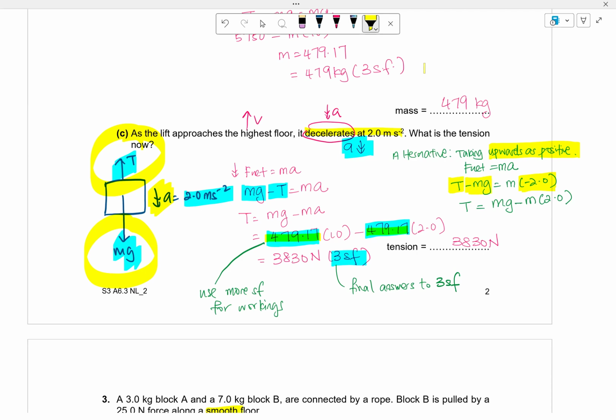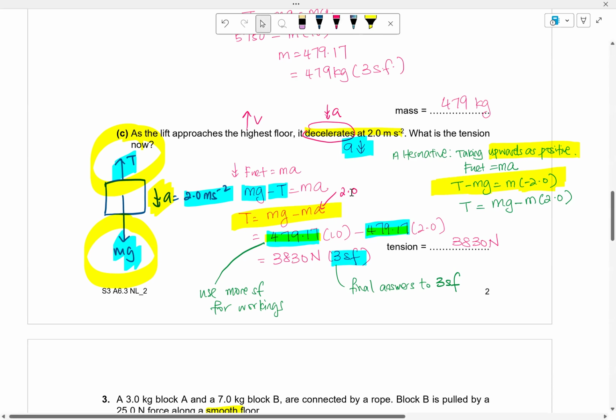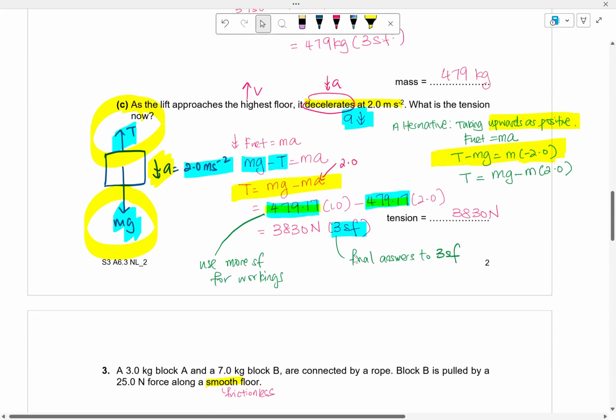So this group of students will have T minus mg equals m times minus 2. So not to worry, if you take a look at this equation and this equation where acceleration is substituted as 2, they are actually two identical expressions. Just a rearranging of equation. Okay, moving on.